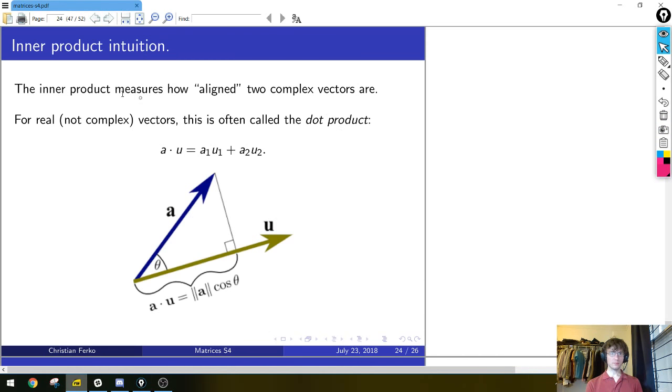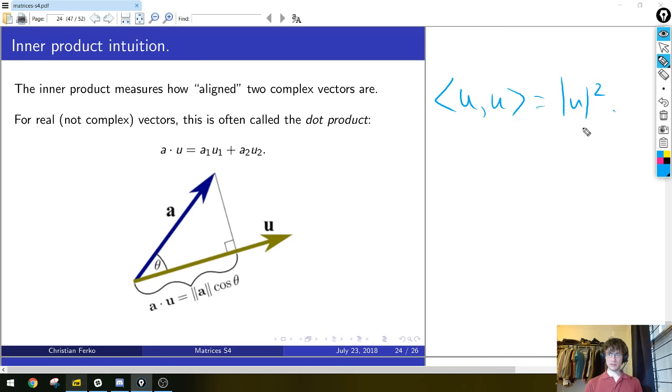I haven't told you much about inner products, but there's a lot to say about these. Morally speaking, the inner product tells you how aligned two vectors are. If you take the inner product of a vector with itself, it's going to give you somehow the length squared of that vector.